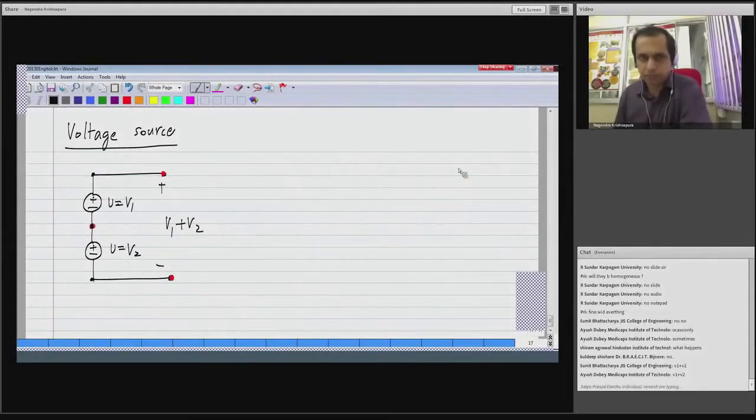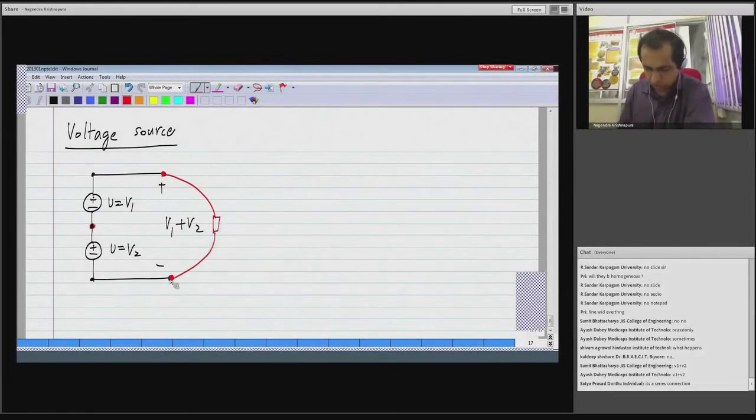This is so simple that I think all of you know the answer, but I will show you how to do it formally. You can imagine some branch completing this loop and you apply KVL around this loop.